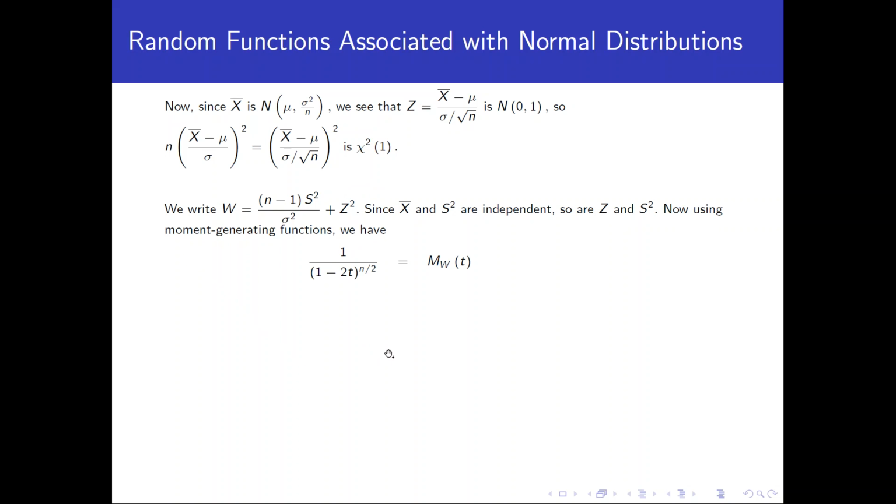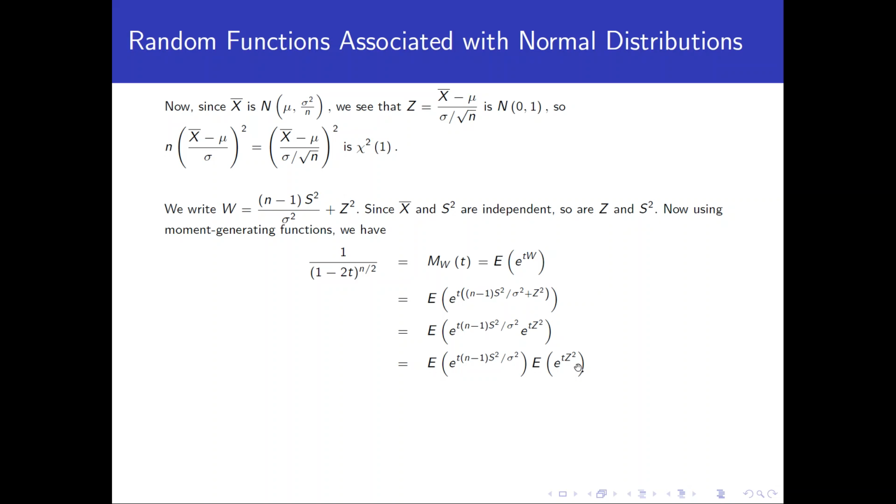Now let's use some moment generating functions. This is chi-squared of n. Here's its moment generating function. Here's how we calculate moment generating functions. Here's what w is defined as. Break up the product with the sum, and then break up the expected value over the product.